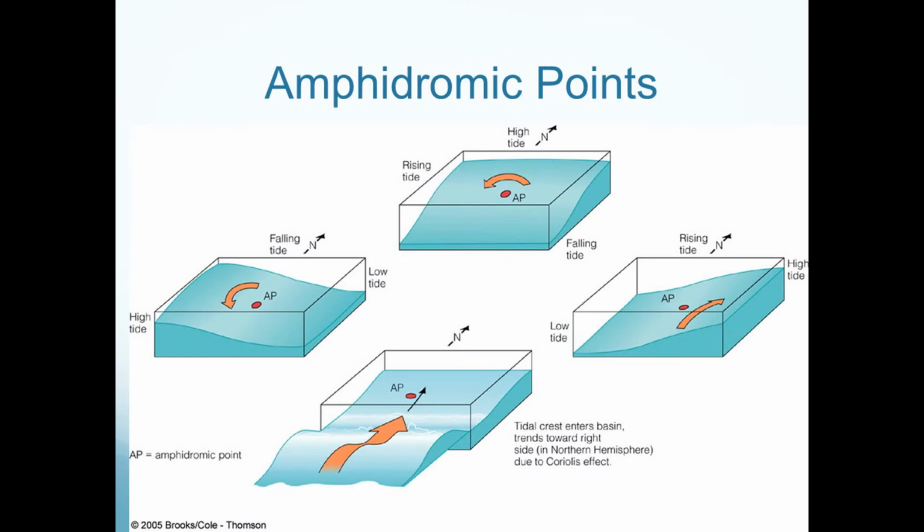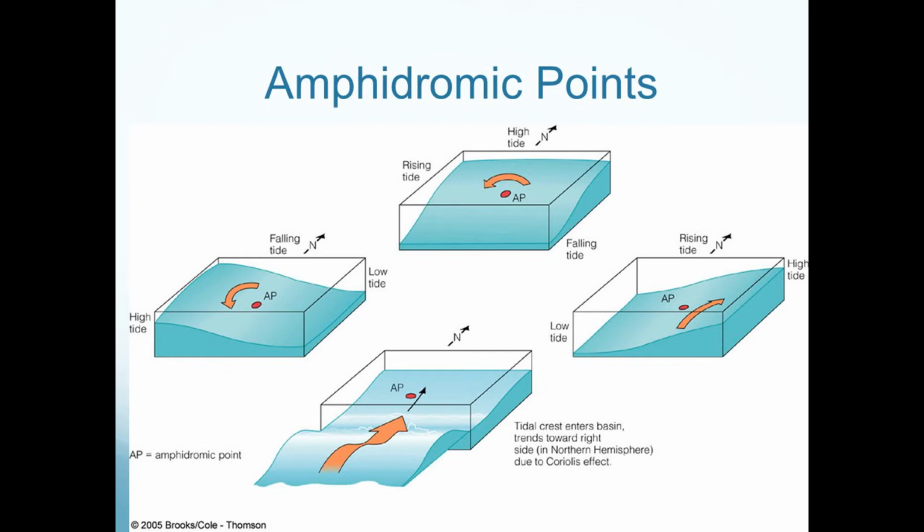Oh, never mind. I have a slide right here. You can see the amphidromic point is labeled as AP. It's the red dot in this figure. And you can see that depending on where the high tide is and where the low tide is, the orange arrow is your cotidal line.